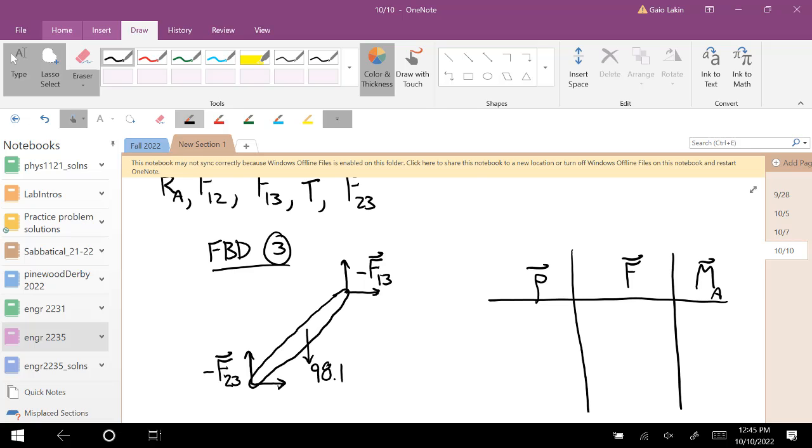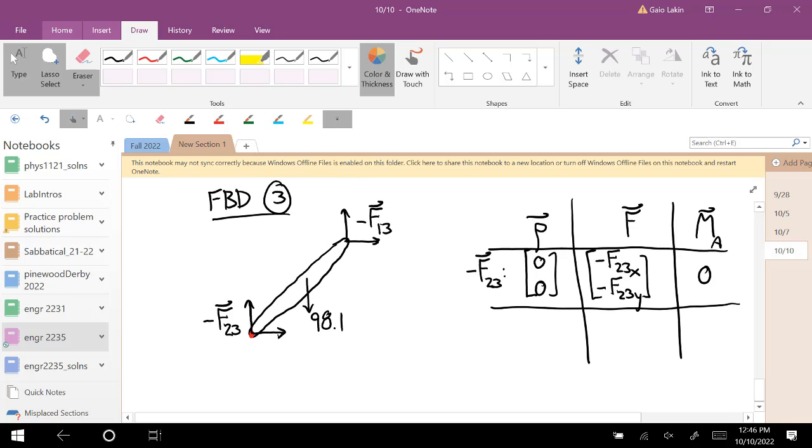Okay, and the about point is down here. So negative F23, row vector is 0, 0. Force is negative F23x, negative F23y. Cross product is 0.